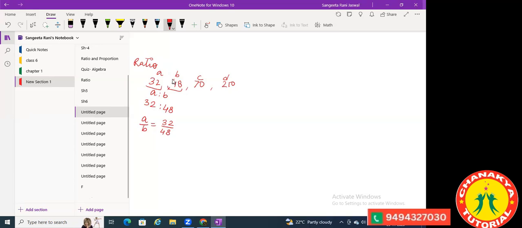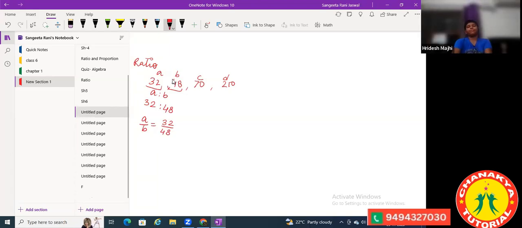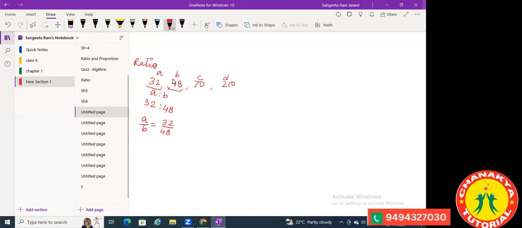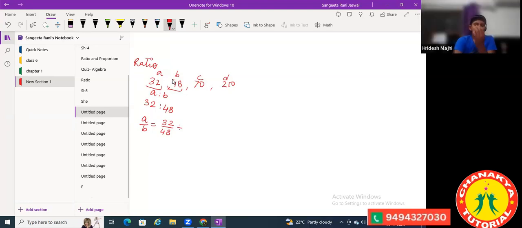Now this is the ratio 32:48. But both these numbers can be brought into lowest form. Now to bring it into lowest form, I will find the highest common factor of these two, which is 16.